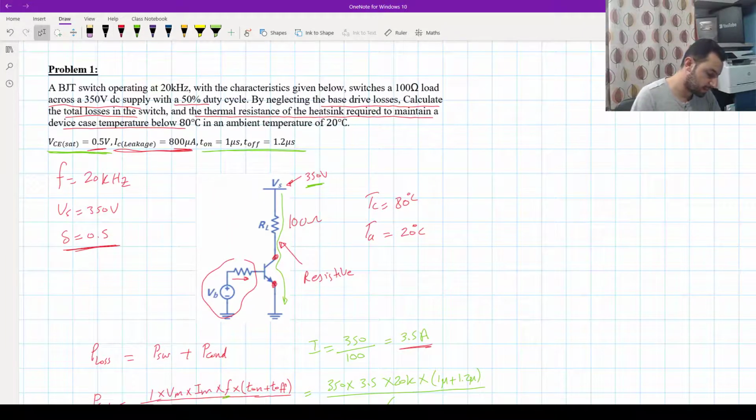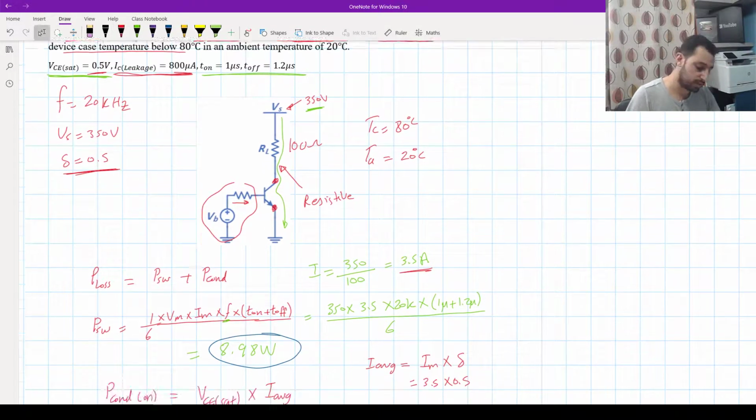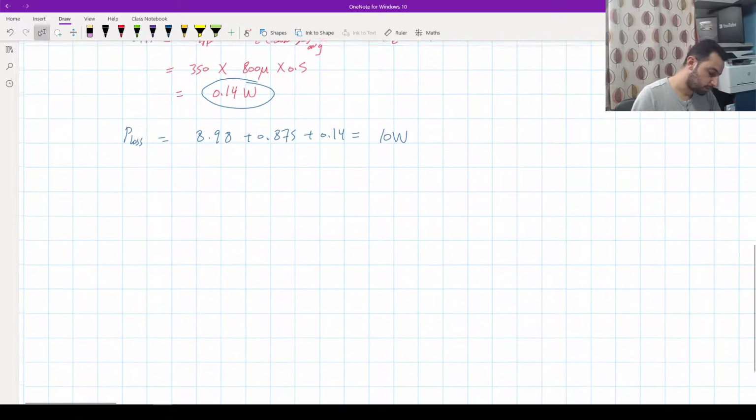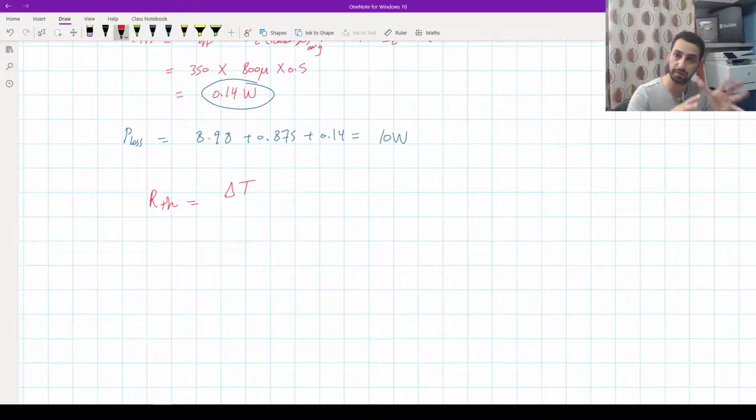And the second question is the thermal resistance of the heatsink required to maintain the case temperature below 80 degrees. So I know the thermal resistance equals the difference in temperature you want to maintain, divided by the total power dissipation or losses.